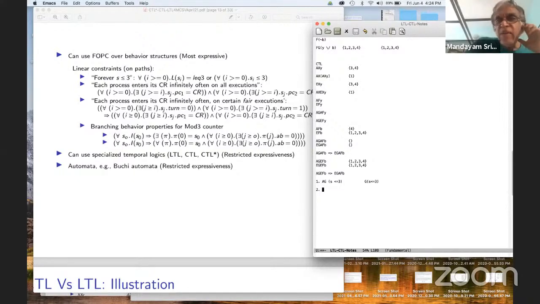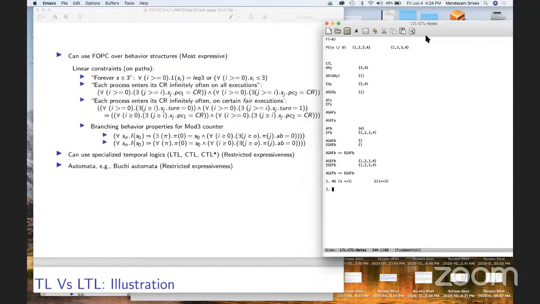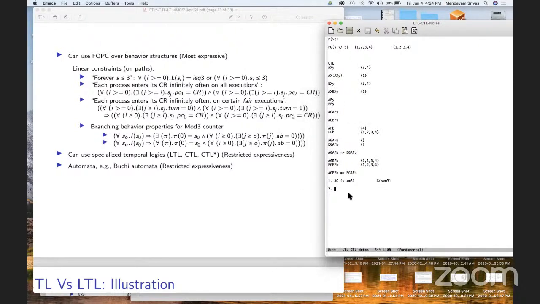We already saw some infinitely often. All you have to do is take that pattern for infinitely often and then couch it in terms of the appropriate atomic proposition. That's what you have to do. AG F S dot PC is equal to CR.